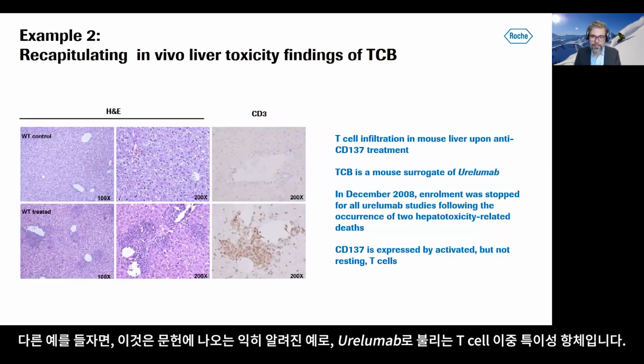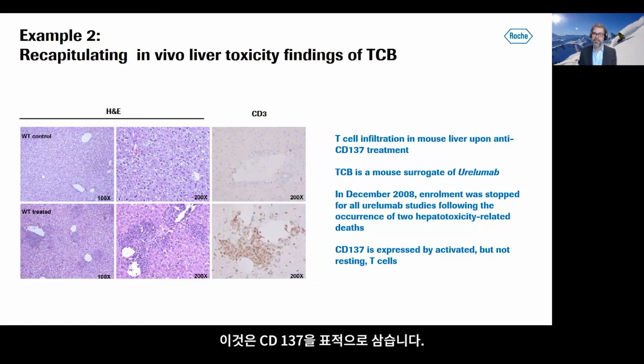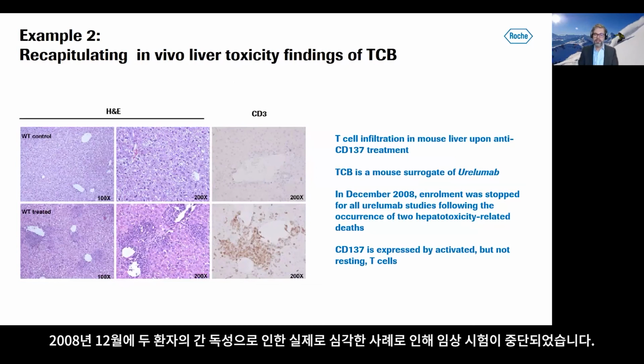Moving to another example. This is actually a well-known example from the literature. It's about a T-cell bispecific called urelumab, targeting CD137. And in December 2008, a clinical trial had to be stopped because of hepatotoxicity of two patients, actually fatal cases.